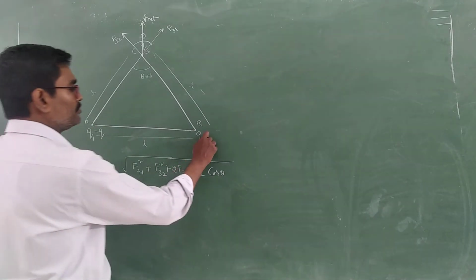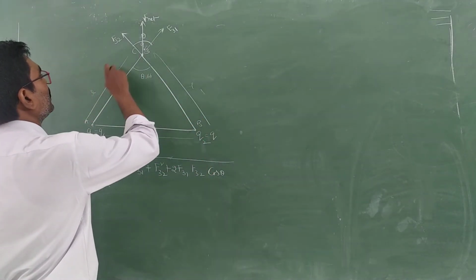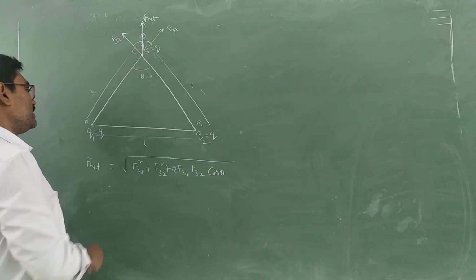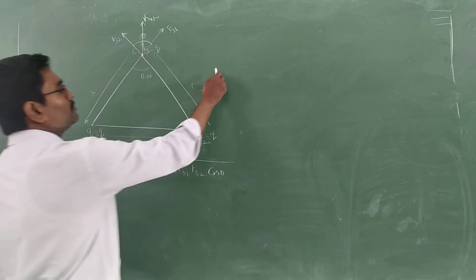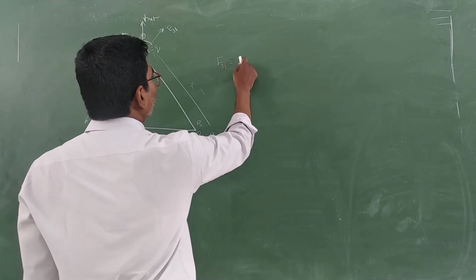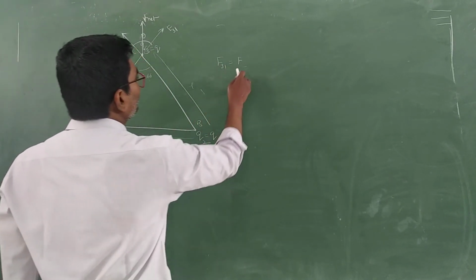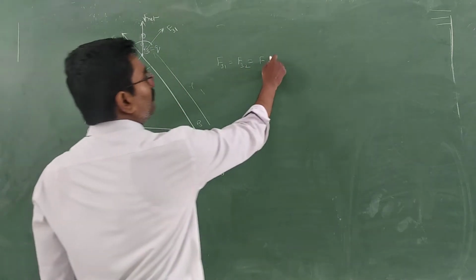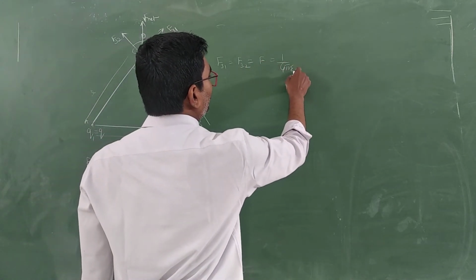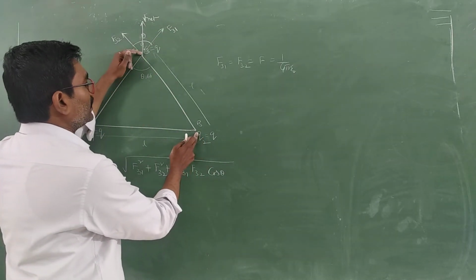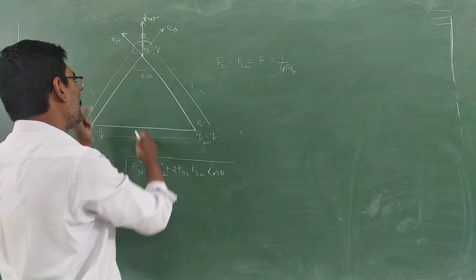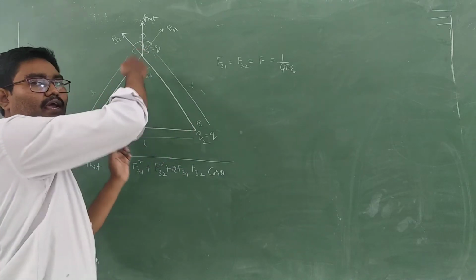Now listen, if all the charges are identical, Q1 is Q, Q2 is Q and Q3 is also Q, then what is the force between these? F31 is equal to F32, let it be F. The value is 1 by 4 pi epsilon naught, Q1 Q3 by L square.